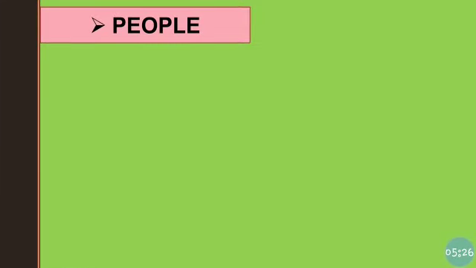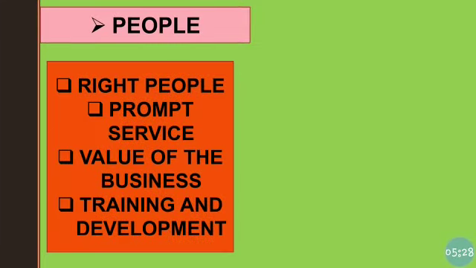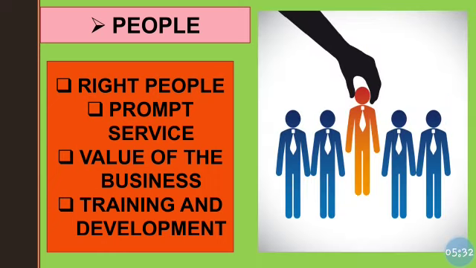First one is people. For any successful business, discovering right people in the organization is very important. Business has to find out people who genuinely believe in the products and producer. Here people means those employees who help to deliver prompt services to the customer.